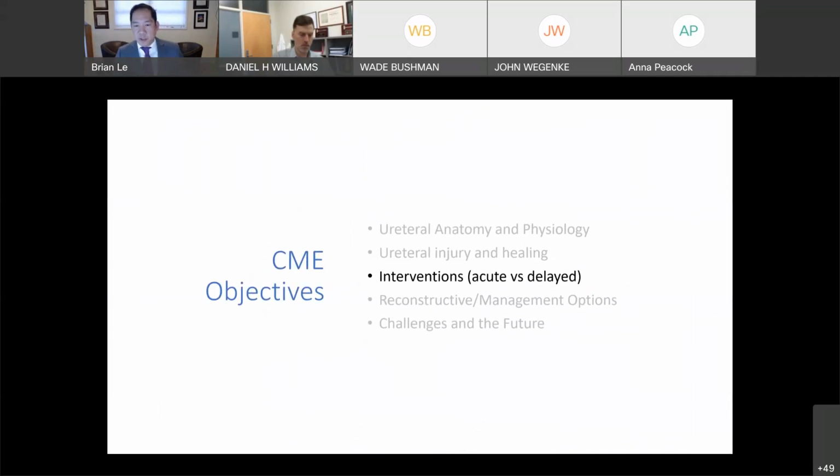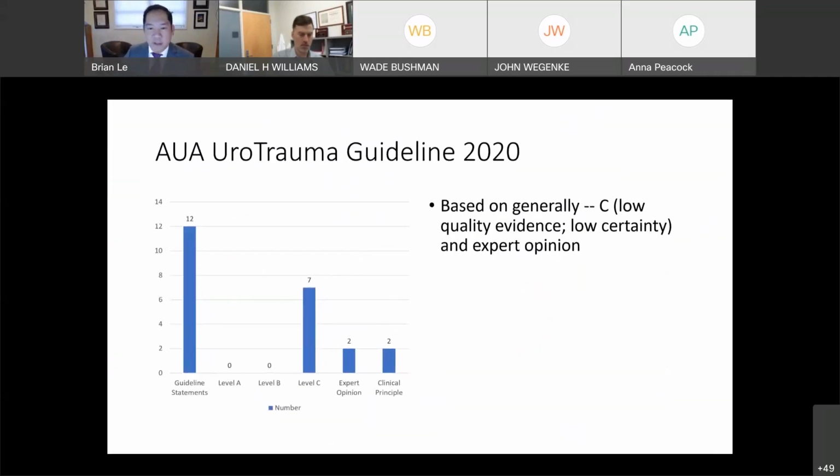So interventions are next. I'll divide interventions into acute versus delayed. That's how the urotrauma guidelines do it. And the first thing I always look at with the guidelines, when they get updated, is what is the basis, the evidence, for these statements.